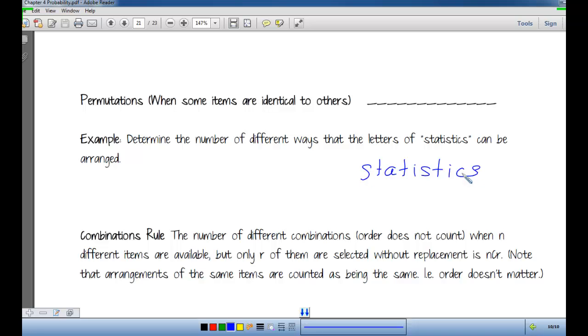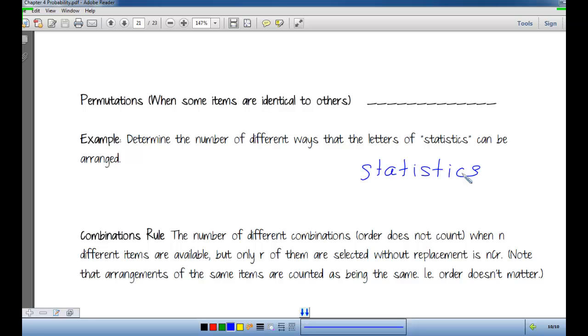Can you tell a difference? I mean, you saw me do that. But when you count, it's the same thing, right? And so when we have some items that are repeated, there's really no need to count every arrangement because some of them actually come out to be the same.